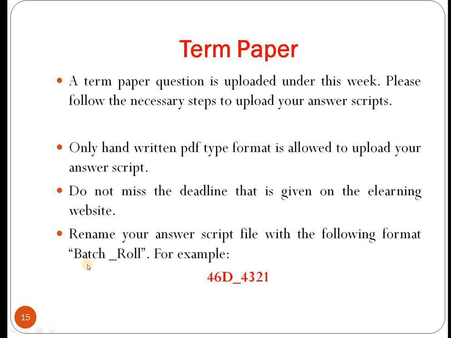So whatever batch you are from, write the batch name, underscore, then your roll number. For example, if your batch is 46D and your roll number is 4321, you can write your file name as 46D underscore 4321. Then you can upload that file into the term paper or final assignment folder. That's all for your task.